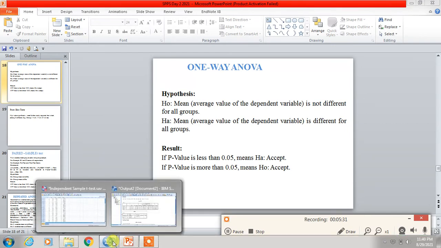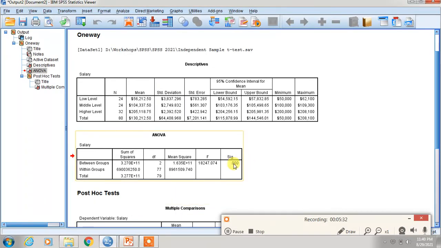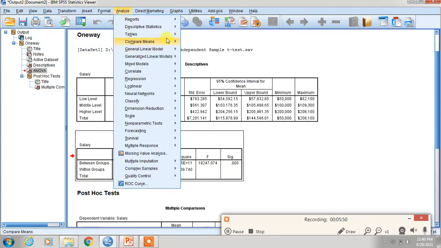If this p-value is insignificant, it will show that there is no difference, so we don't need further investigation. But as the p-value is significant, the mean value of the salary at each group level is different. So further we are supposed to check whether group 3 versus group 4, or group 3 versus group 5, or group 4 versus group 5, where is the difference between the salary.